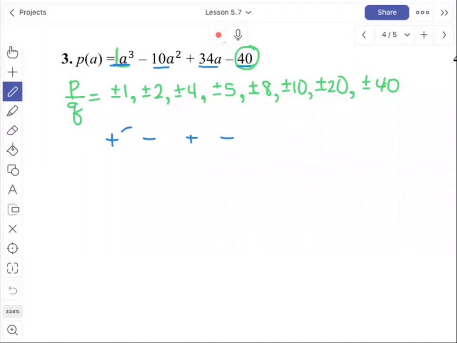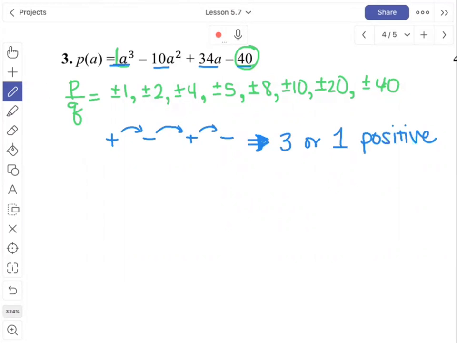So I have 1, 2, 3 sign changes. With 3 sign changes, that means I have 3 or 1 positive roots. All right, so that's good to know.